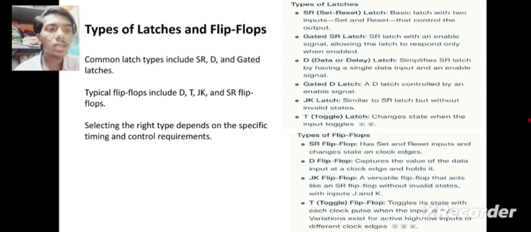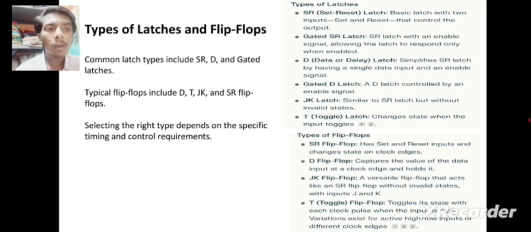The JK latch is similar to the SR latch but without invalid states. The next is the T latch. It changes state when the input toggle is high.